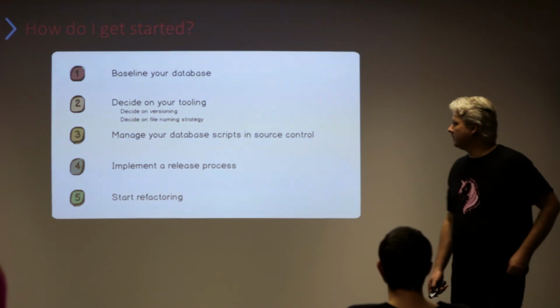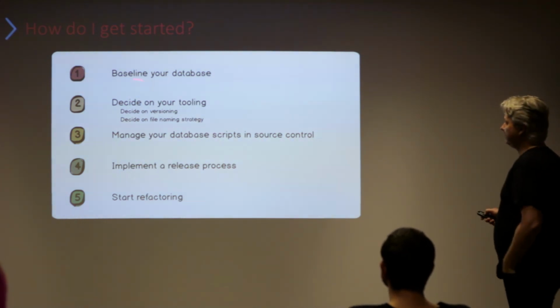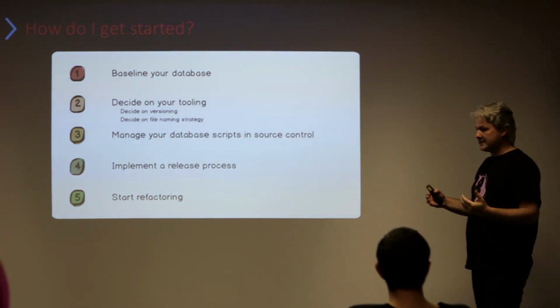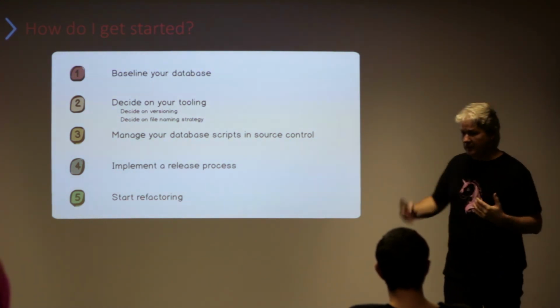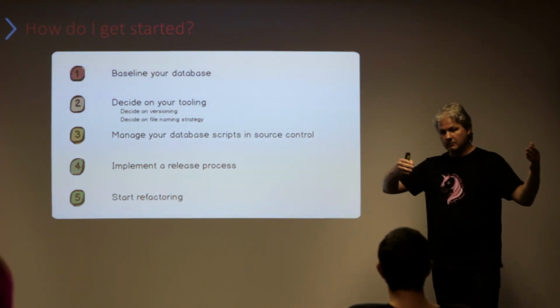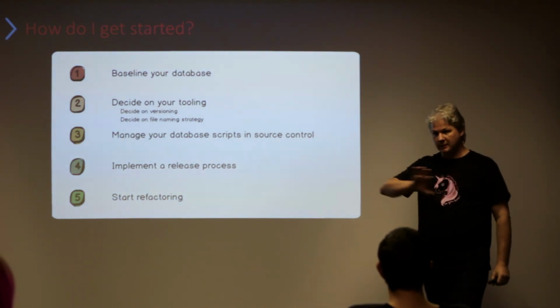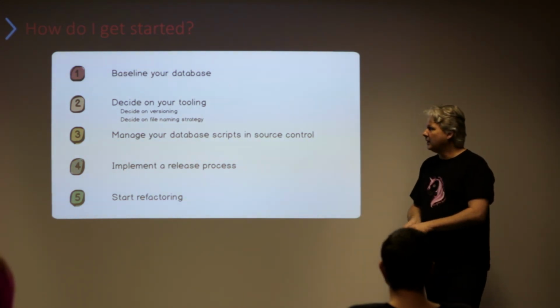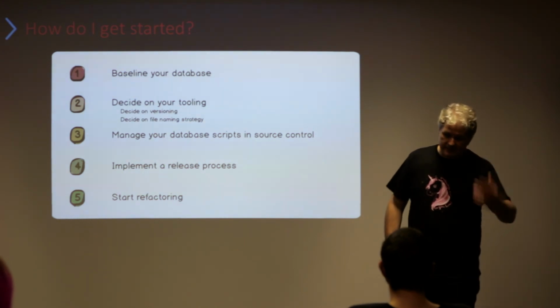All right. So how do I get started? That's the question most people will probably be asking. First thing is baseline your database. If you've got an existing database, the easiest way is to just baseline it. You've got a large number of tools, Redgate, Apex, that just look at a database, and you can say, I want to get this particular schema, dump it down, and I want all of these tables and their data. If you're on Postgres, it's even easier.